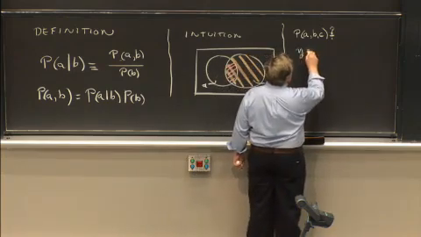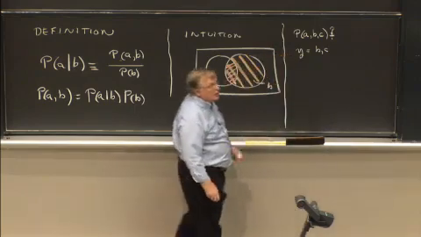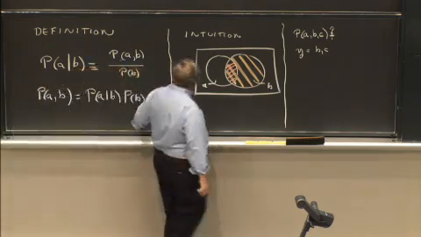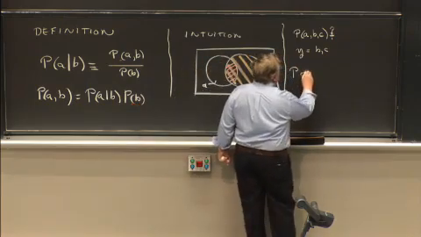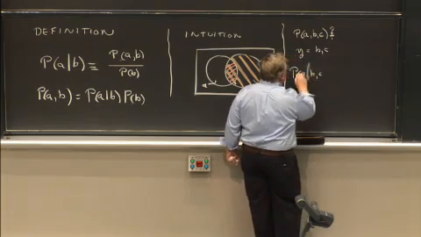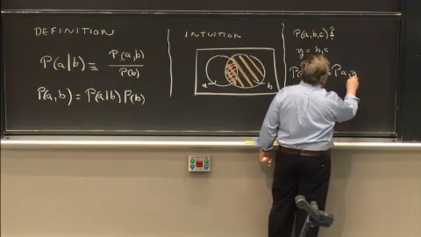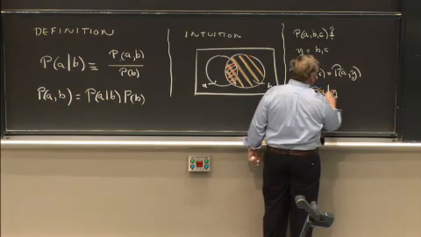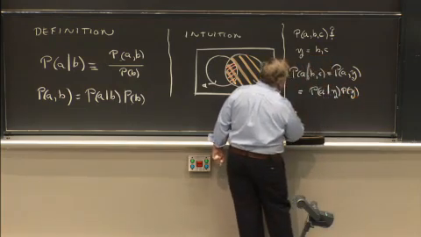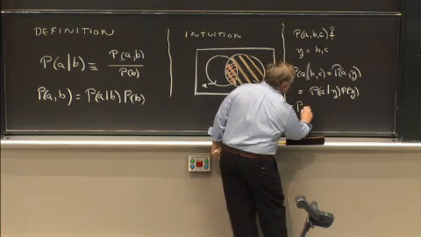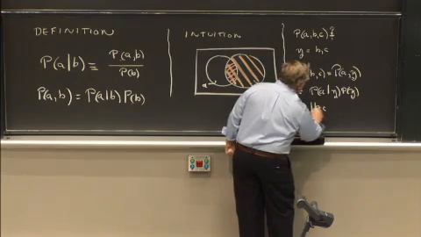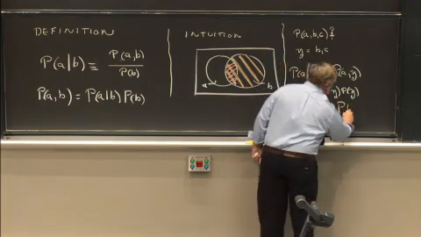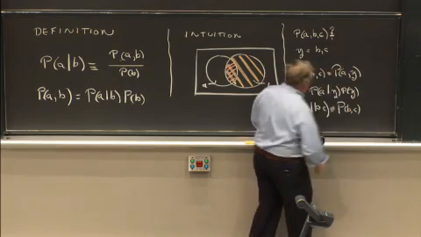So let's say that Y is equal to B and C, the intersection of B and C. Then we can use this formula over here to say that the probability of A, B, and C is equal to the probability of A and Y, which is equal to the probability of A given Y times the probability of Y. Then we can expand that back out: P of A given B and C times the probability of Y, but Y is equal to the probability of B and C, like so.